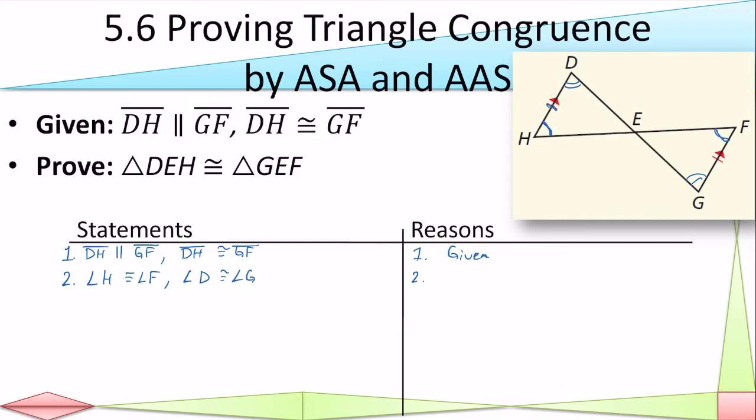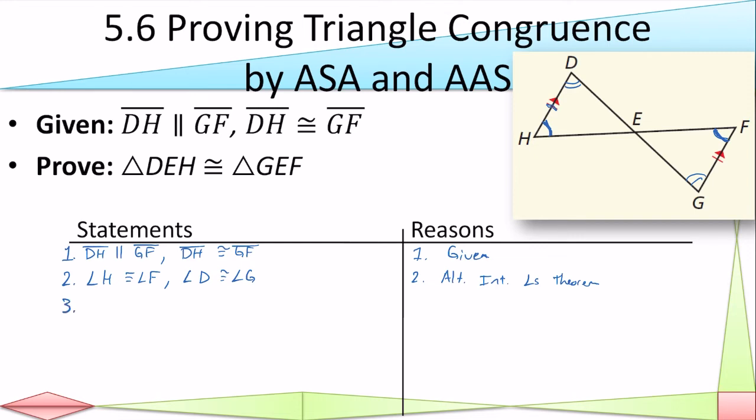And the reason is the alternate interior angles theorem. Remember, I said if you have parallel lines, then the alternate interior angles are congruent. These angles are between the parallel lines, one on each side of the transversal.